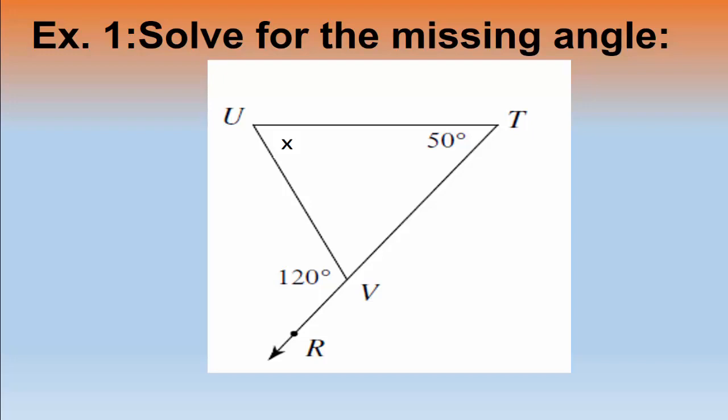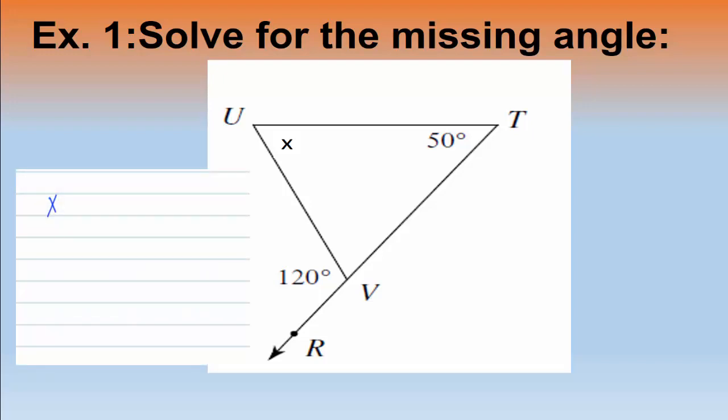Now, in this particular problem, we see two remote angles. Angle U and angle T are both remote angles. The exterior angle would be angle RVU with a vertex at V, and it shows it to be 120 degrees.